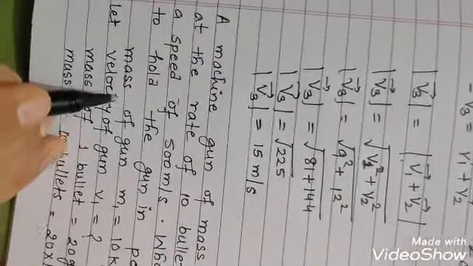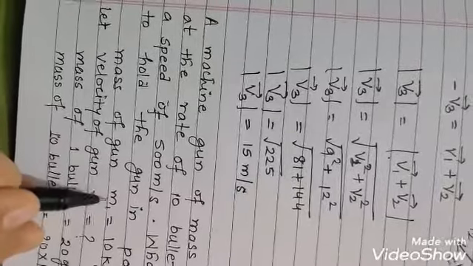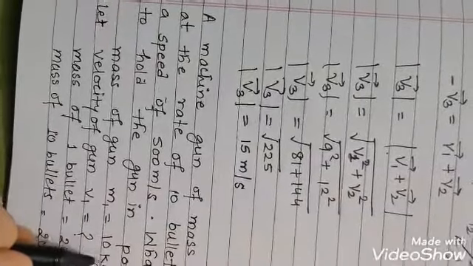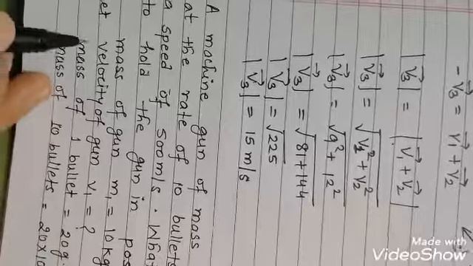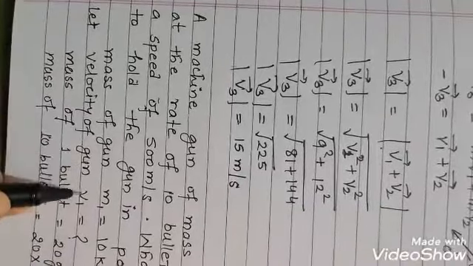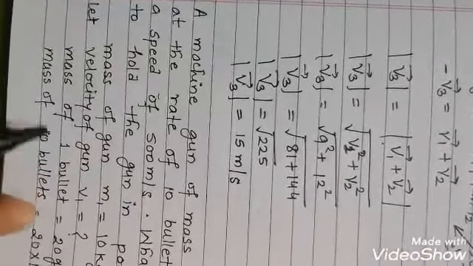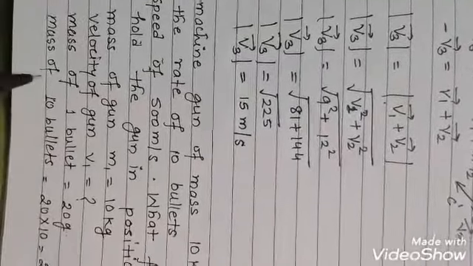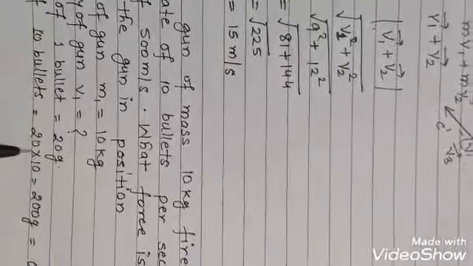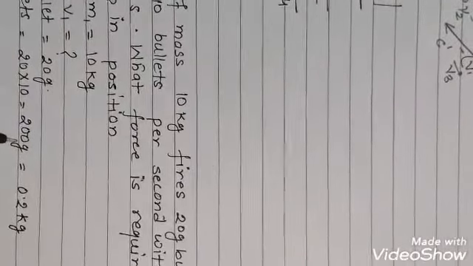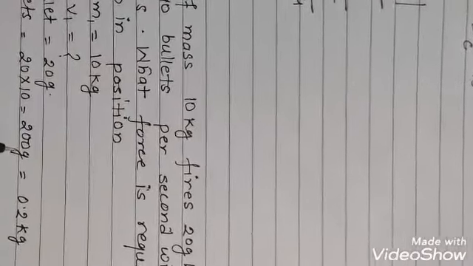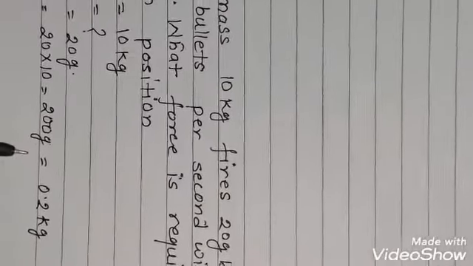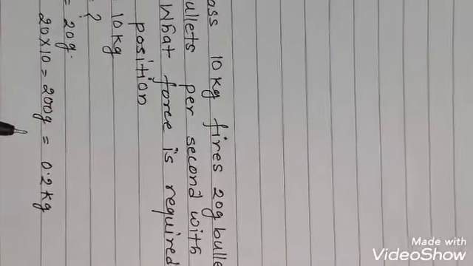It is given that the mass of the gun, suppose m1, is 10 kg, and let the velocity of the gun be v1, which is not given here. The mass of one bullet is 20 gram, so the mass of 10 bullets is 20 into 10, that means 200 gram. Changing this into kilograms, it will be 0.2 kg.